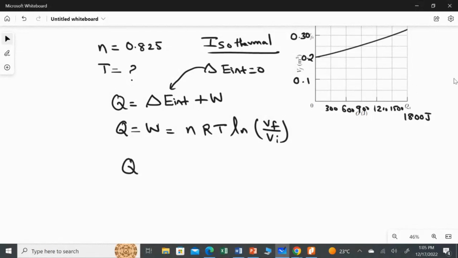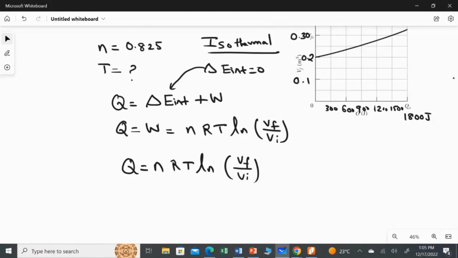Why did we take Q equal to W? Because in the isothermal condition, the change in internal energy is equal to zero. When you substitute that, you get Q equal to W. So I took the formula for work done as heat.